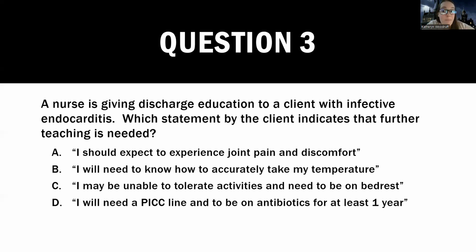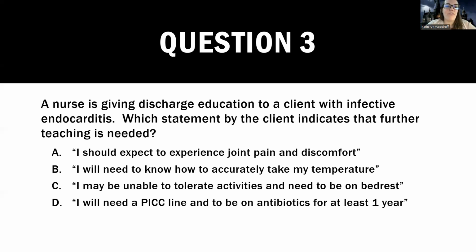It says I may be unable to tolerate activities and need to be on bed rest. It doesn't say I will definitely, but it's saying there's this possibility. Where D says, I will need a PICC line and to be on antibiotics for at least a year. I don't know if they're on antibiotics for that long. So I'm going to go with answer D, because it is wrong.